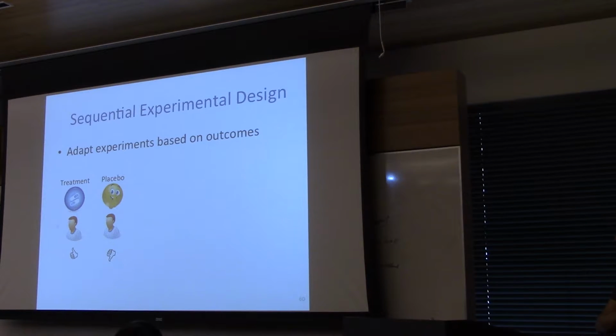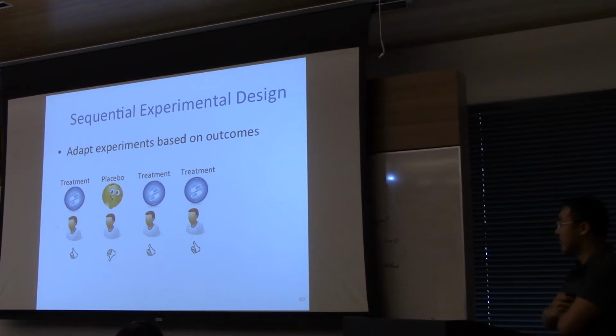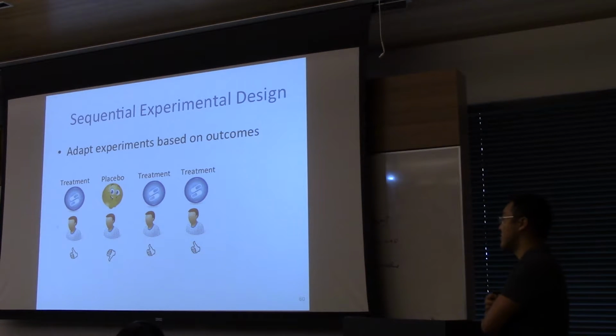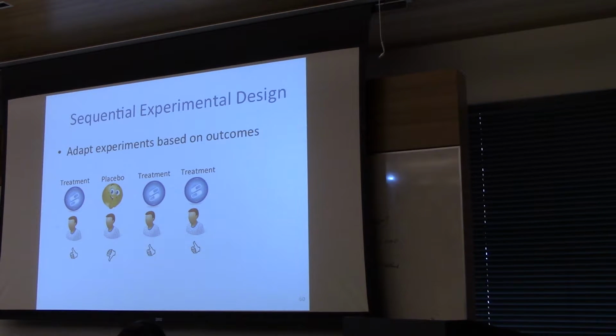Patient 2 comes, we decide to give this patient a placebo, we observe a negative outcome. And then patient 3 comes, we decide to give the patient the treatment, we observe a positive outcome. And at this point, the algorithm should be incentivized to be biased more towards treatment options for subsequent patients, because it seems like we have evidence that the treatment is working.